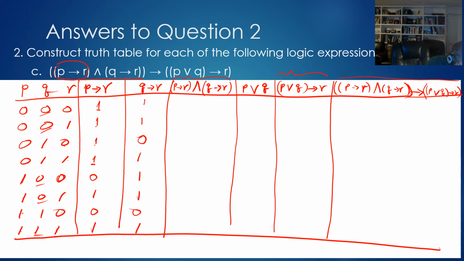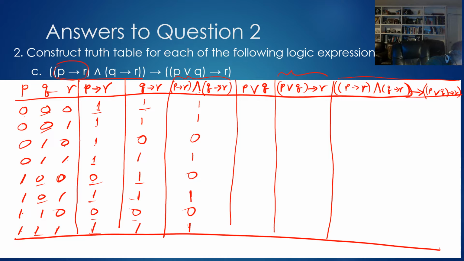Then we're going to figure out the AND operation. We already have P implies R and Q implies R, and then you have an AND operation. So you just need to look at the values between here and here. 1 and 1, that's 1; 1 and 1, that's 1; 1 and 0, that's 0; 1 and 1, that's 1; 0 and 1, that's 0; 1 and 1, that's 1; 0 and 0, that's 0; 1 and 1, that's 1.